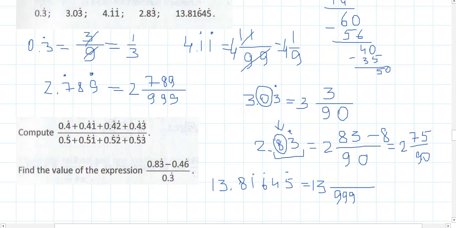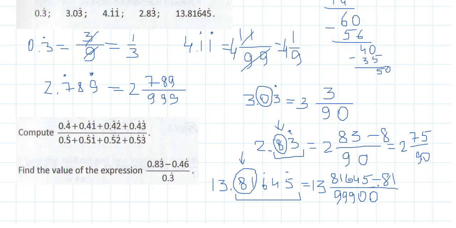And how many numbers after the point till the repeating part? 2. So it will be 2 zeros now. And in the denominator, we need to take all together. So 81 6 4 5, and subtract this one. So it is 81. So this is the answer. If we subtract, we get our answer.